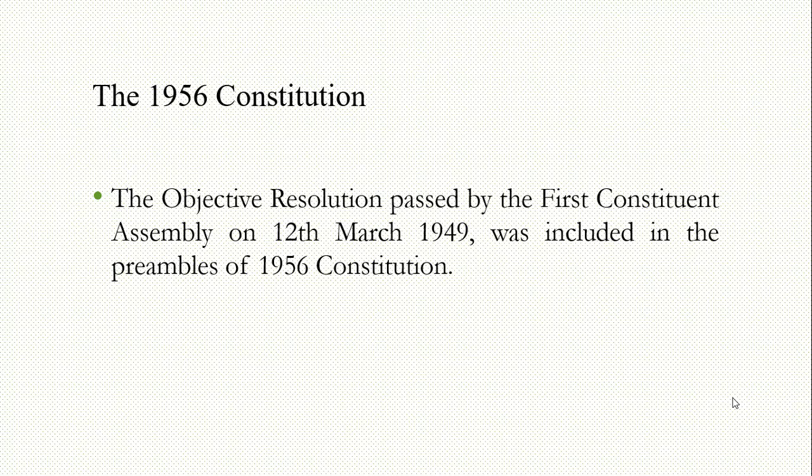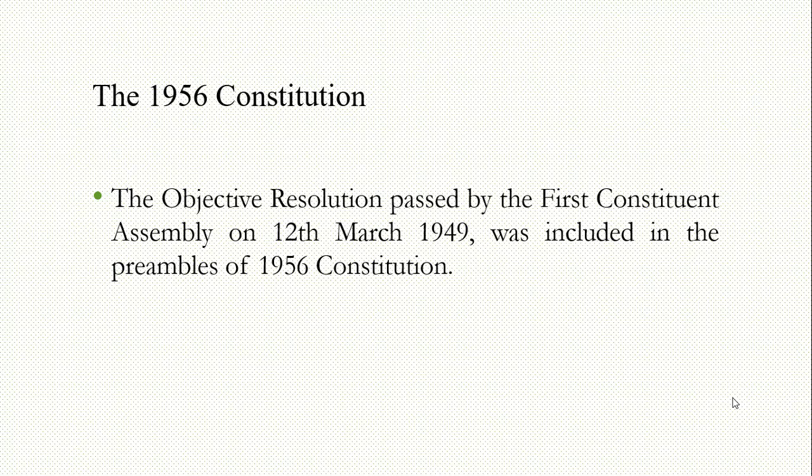So in 1955, the four provinces of West Pakistan, which is existing Pakistan, were merged into one province known as One Unit. The members of the Second Constituent Assembly were elected through direct election. So this assembly succeeded in preparing a constitution for the country.